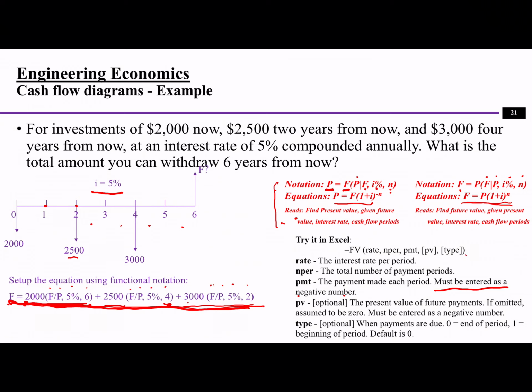Usually, if you only want to find the future value, you only enter the first three parts, add the parentheses, and then you can get the value. All right, this is how to use Excel to do those calculations.